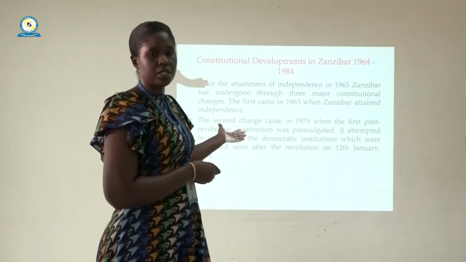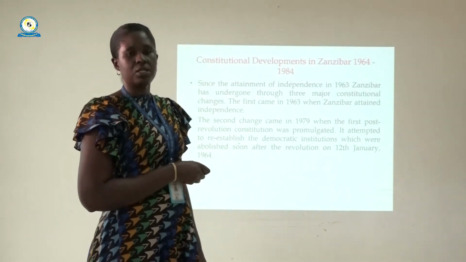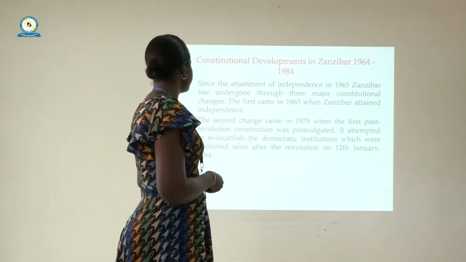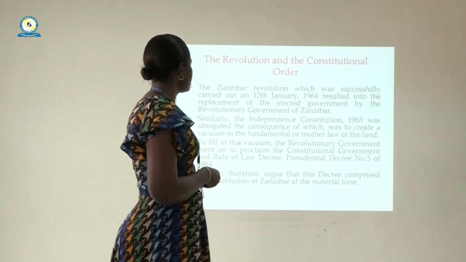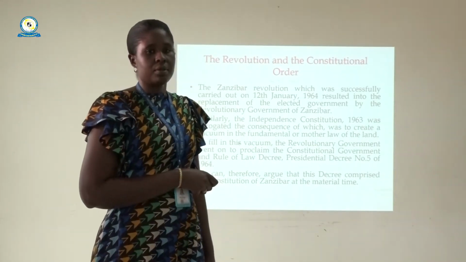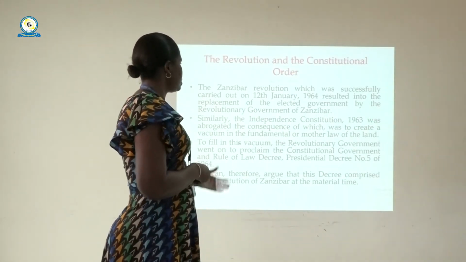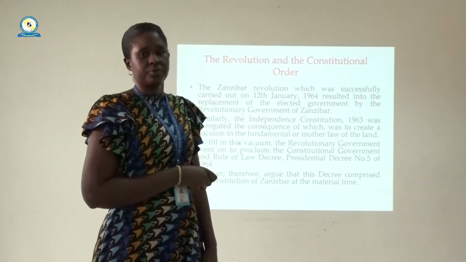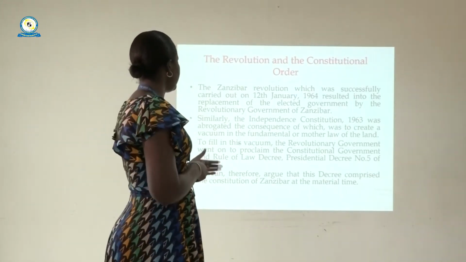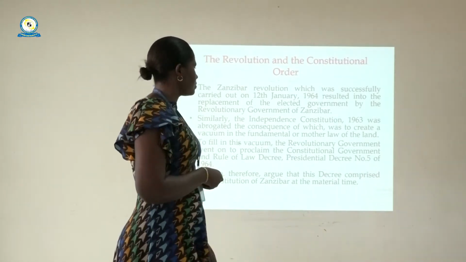Under this situation, the changes attempted to establish the democratic institutions which were abolished by the revolution and the constitutional order. The Zanzibar revolution was successful, carried out in 1964, which resulted in the replacement of the elected government by the revolutionary government of Zanzibar.